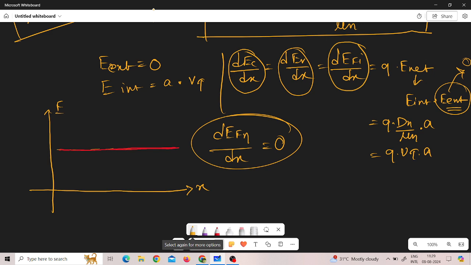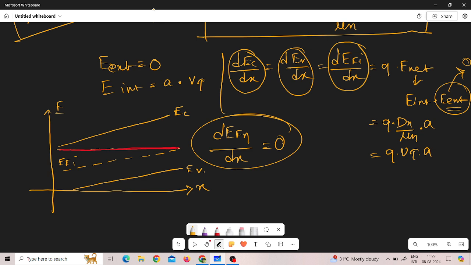Now let's draw the intrinsic Fermi level here. This is my intrinsic Fermi level. This is the conduction band. This is EFi, and similarly this is my valence band.